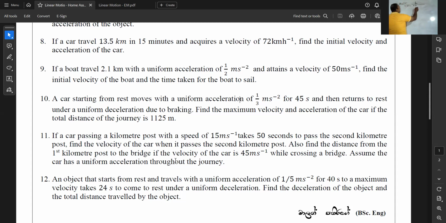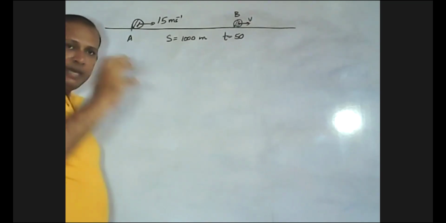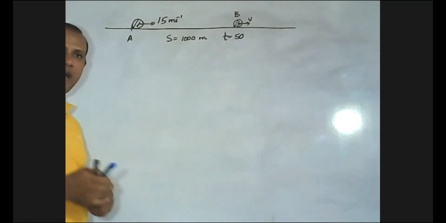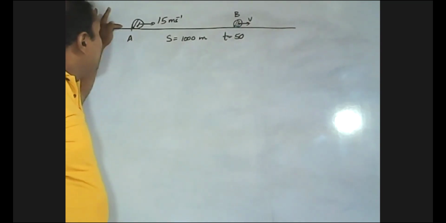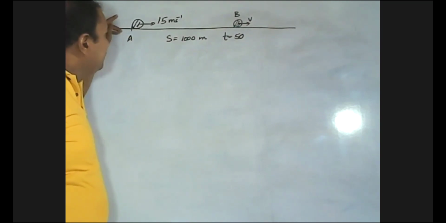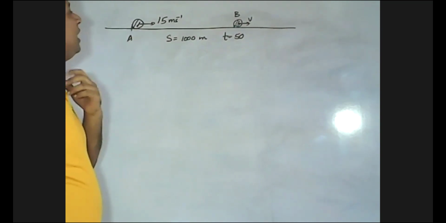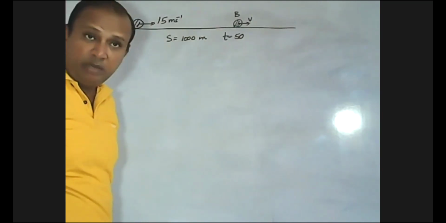You have to find V. Initially, you don't know acceleration. It is given that this car passes the first kilometer post at a speed of 15 m/s, then travels for 50 seconds and passes the second kilometer post.